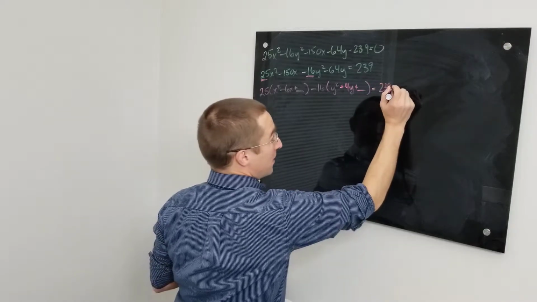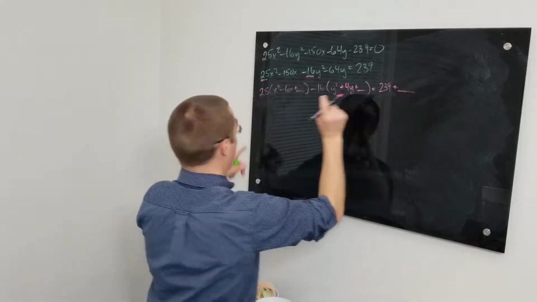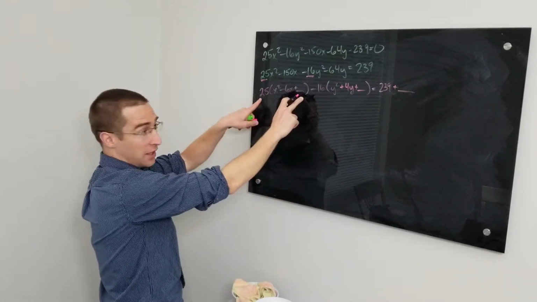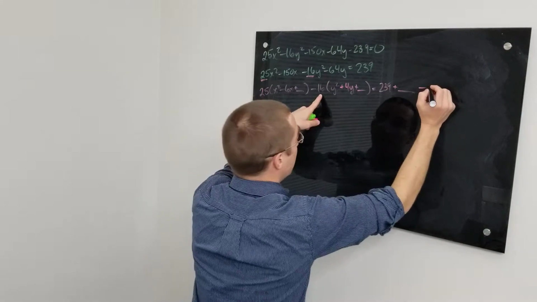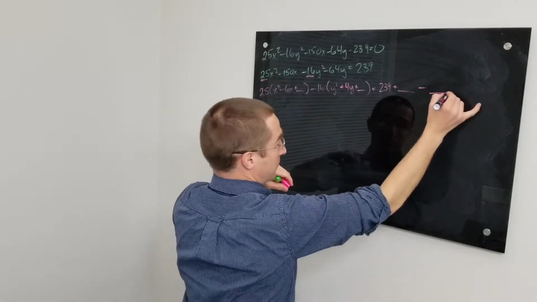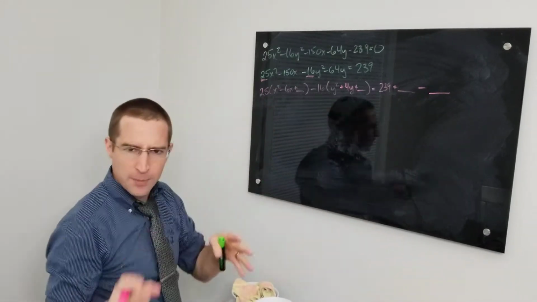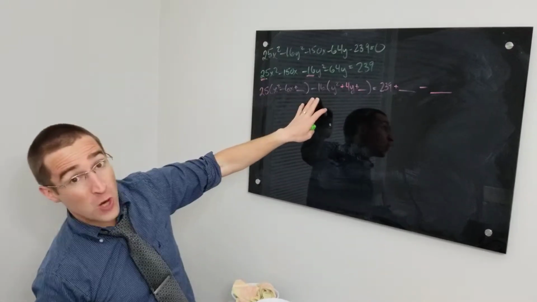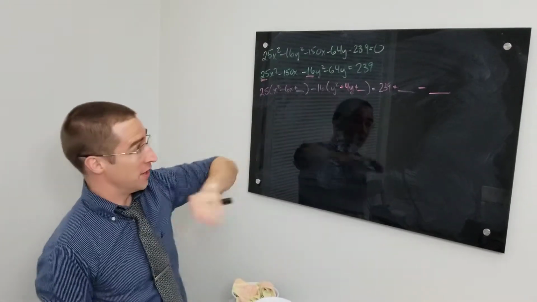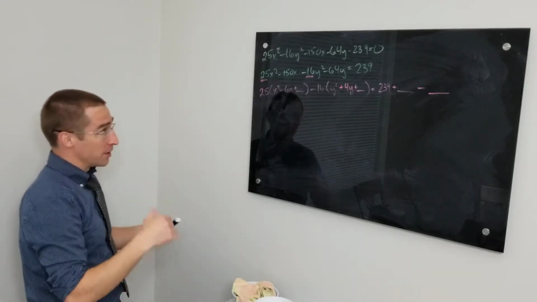And then I'm going to have plus blank, 25 times whatever I get there, and minus 16 times whatever I get there. That's another tricky part with hyperbolas: we are adding whatever we get here, but we're subtracting whatever's coming out there. Okay, let's go ahead and complete the squares.